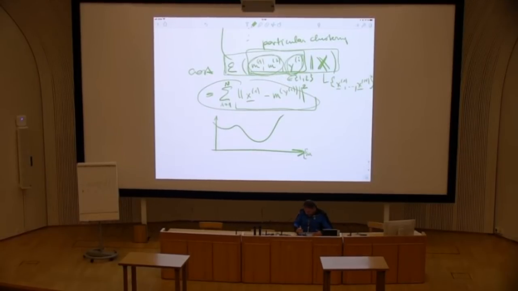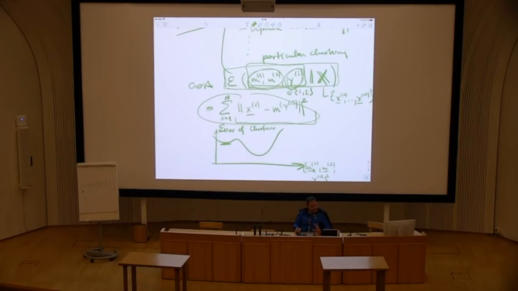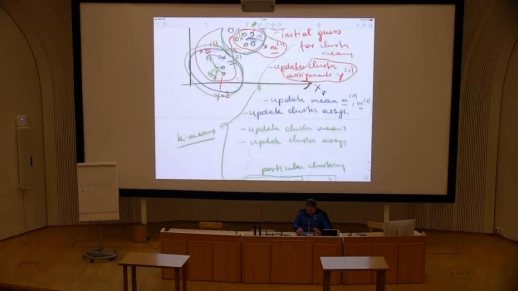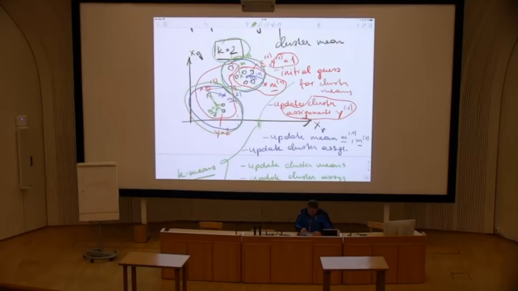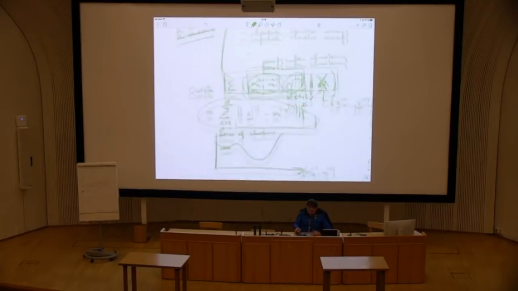So on the x-axis we have the clustering parameters, which are given by the mean vectors and the cluster assignments. And here we have the empirical risk of a clustering, so the error of clustering. And here we have local minima. So what you get out of k-means depends, first of all, on your initial guess. So these red crosses here, it depends on the initial guess.